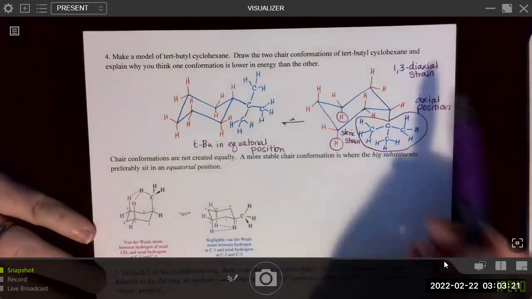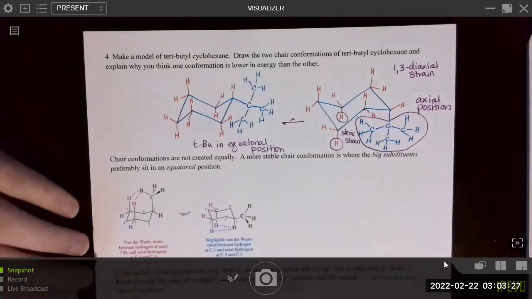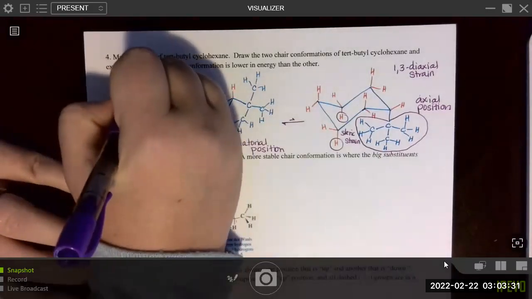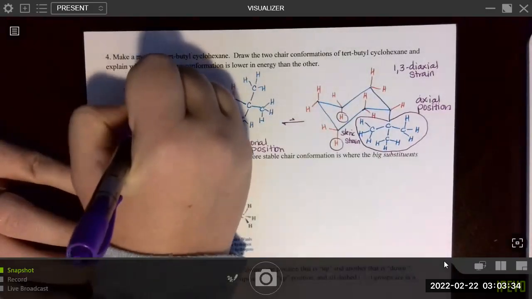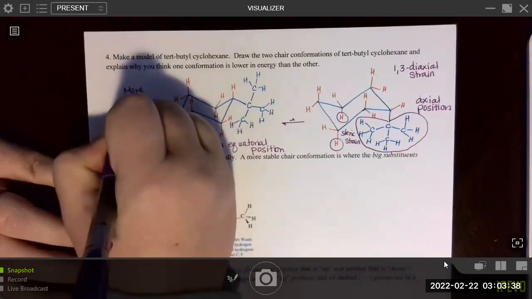Those are sterically crowded and they form what we call 1,3 diaxial strain. Okay. So this one is more stable, right? Stable at equilibrium.